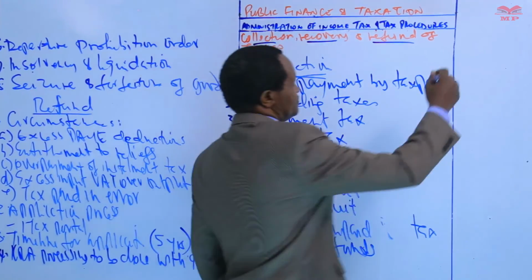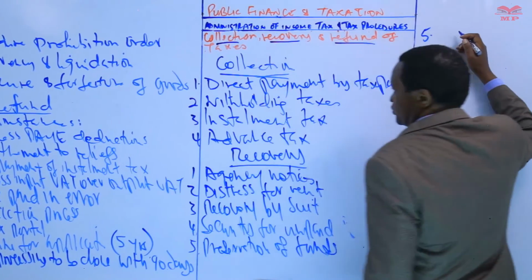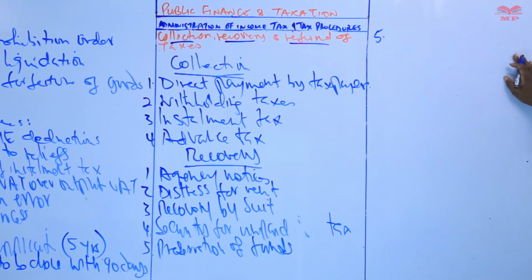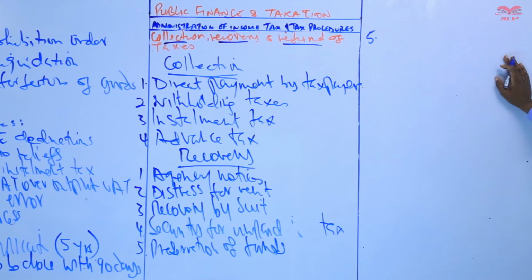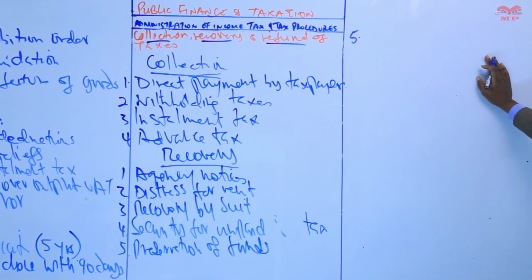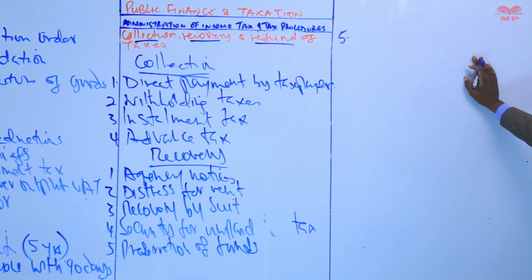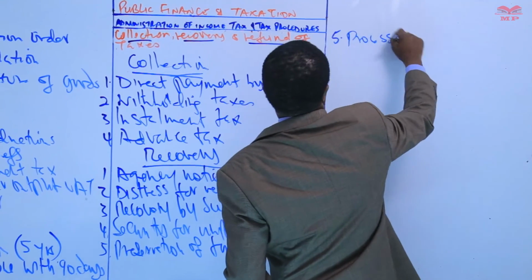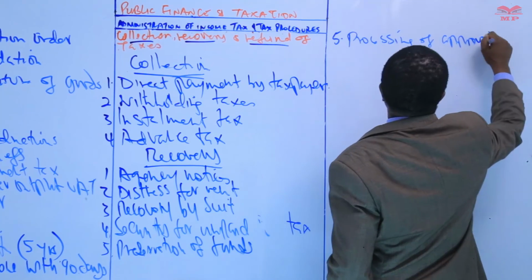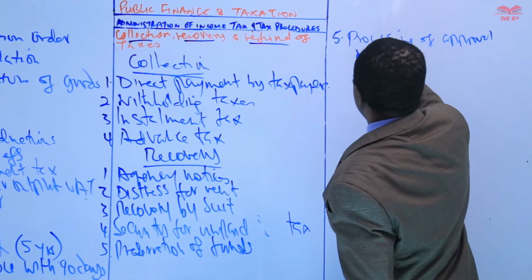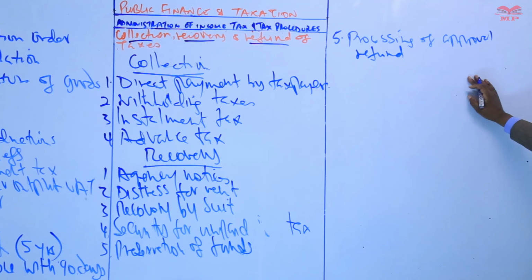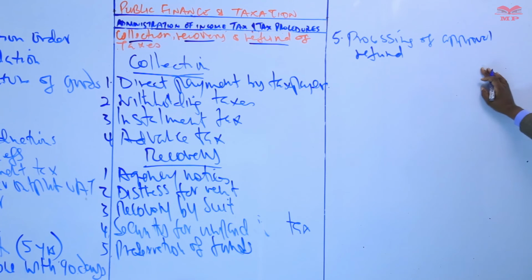Number 5, candidates, we are studying the procedure for seeking refund of overpaid taxes. Number 5 is processing of approved refunds.